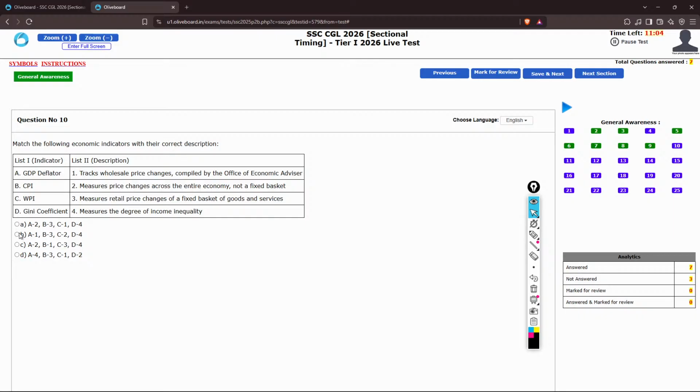I think everything is matched, but not everything is not matched. GDP deflator tracks wholesale price. So WPI C with 1 and D with 4. This one. Deflator measures price change across entire economy. CPI, retail price. All right.